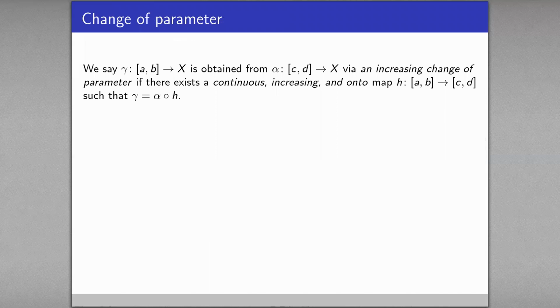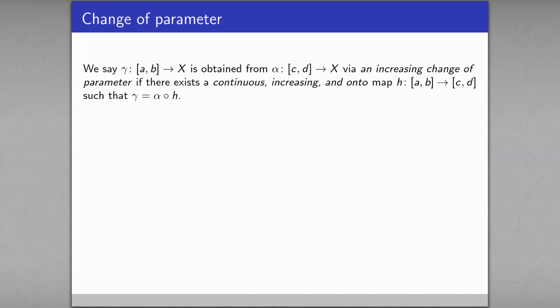The ultimate goal will be to find particularly nice parameterizations of curves. That's the end goal. So we have to find a way to go from one parameterization to another and to be able to compare them.